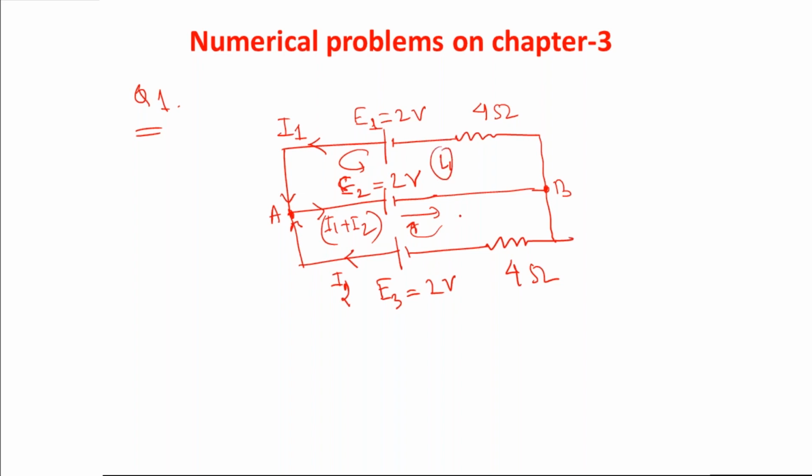Now if you apply Kirchhoff's law, there are 2 loops, suppose. So this is loop 1 and this is loop 2, L2.